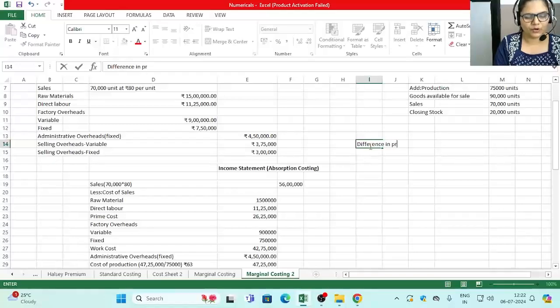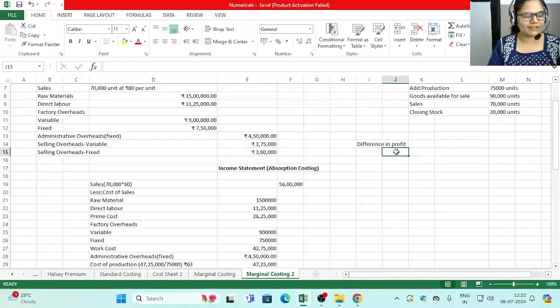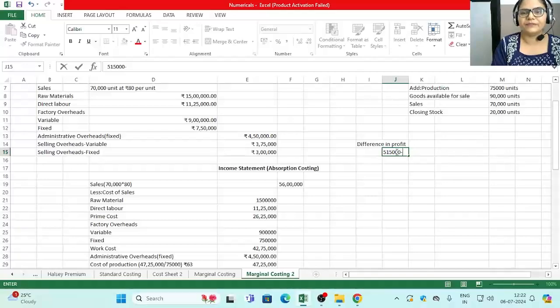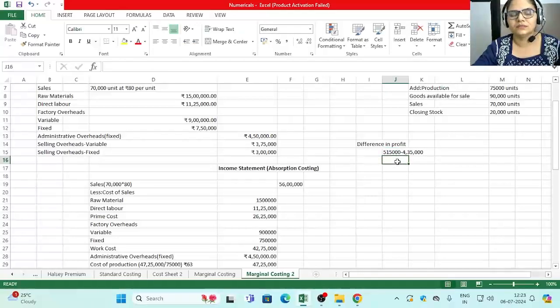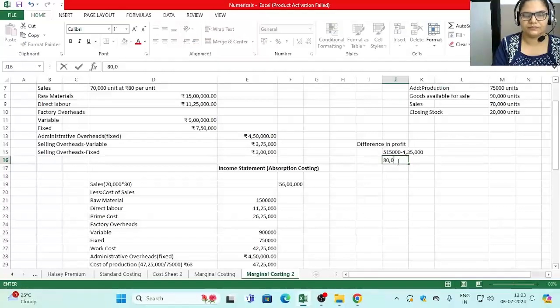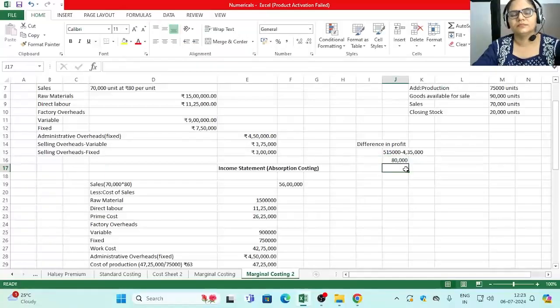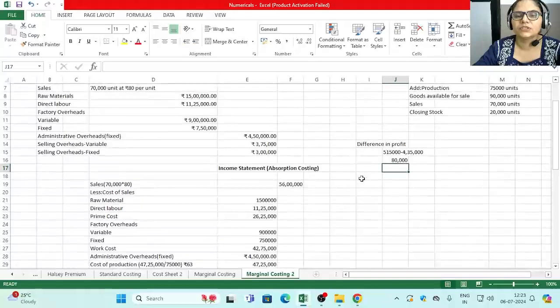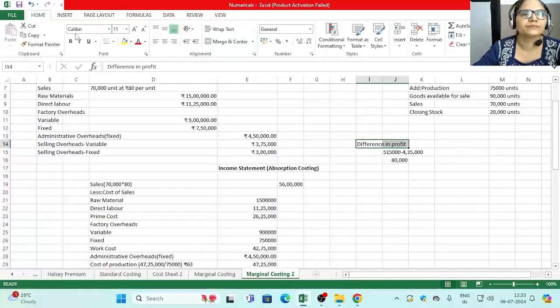Difference in profit: absorption costing is having 5,15,000, then we are having 4,35,000, which will be 80,000. So this is your difference in profit.